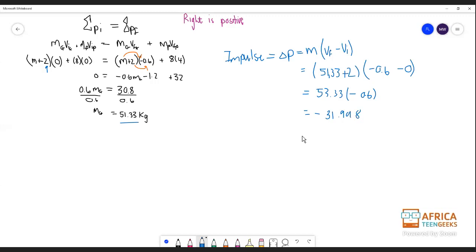And you can round that off to negative 32 Newton seconds. And always remember that 32 Newton seconds to the left. You need to change your negative value into a positive value by adding direction to it, because you're working with a vector.